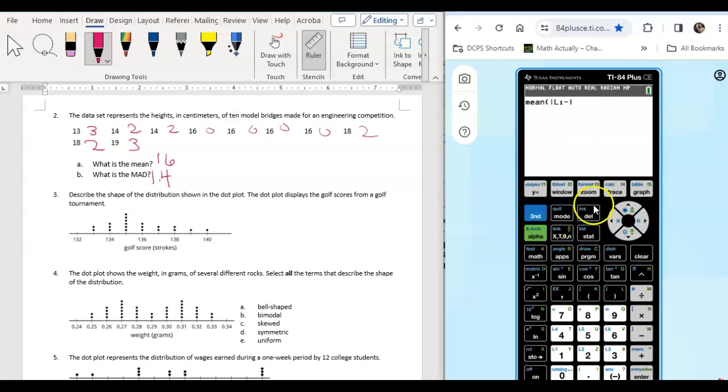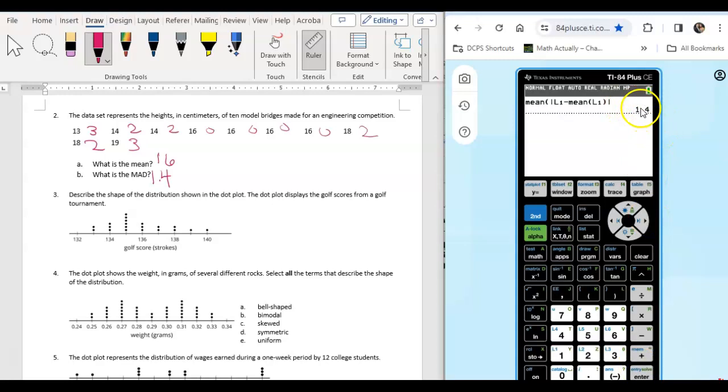Second, quit, that didn't do it correctly. So let me go back over here. All right, so minus second list, there we go, math, and I'm going to choose mean again of list 1. So that's second 1 is list 1. Close my parentheses, okay, and then hit enter, which is 1.4.